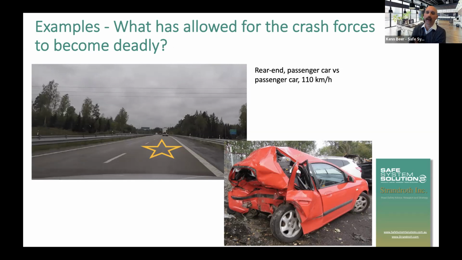We can't afford to be putting barrier systems all the way down all the high-speed roads across the country, and it's not realistic to expect that we can lower speed limits to survivable speeds for that kind of incident. So what can we do, and how do we deal with this? It's a big question.